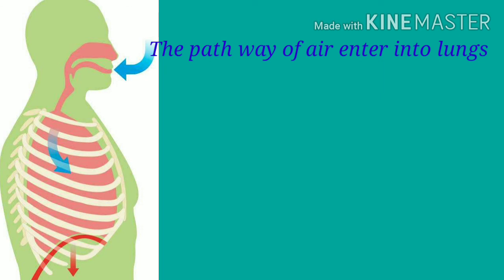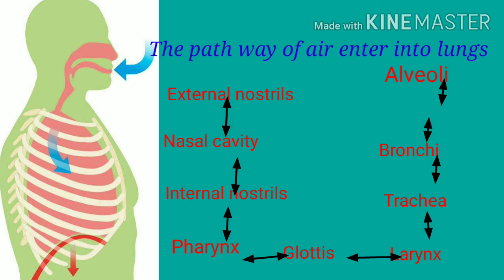We already discussed the mechanism of breathing. During inspiration or inhalation, the air enters into the lungs through the following steps: external nostrils, nasal cavity, internal nostrils, pharynx, glottis, larynx, trachea, bronchi and bronchioles, finally alveolar duct and alveoli.